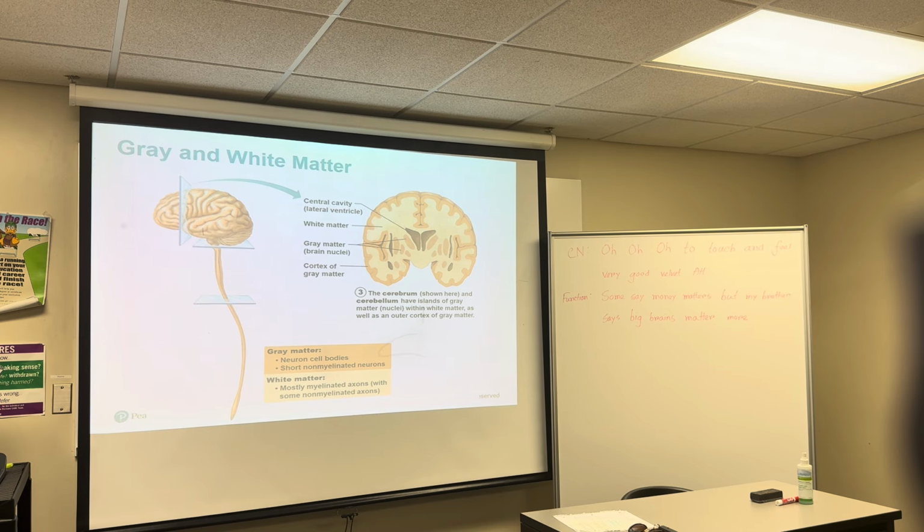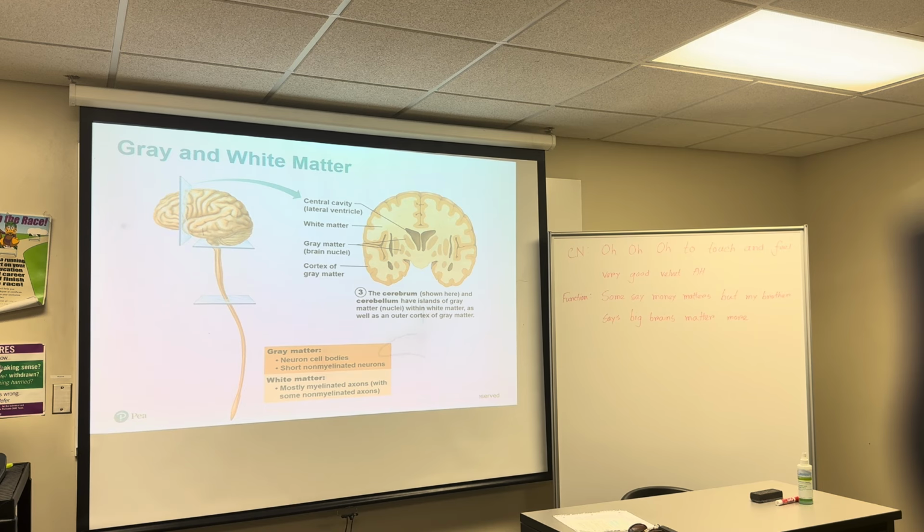So now let's talk about the gray and white matter of our brain. Can anybody tell me, when we say gray matter and white matter, what are the differences in terms of their composition? We talked about it before in the lab. What type of neuron does gray matter have and what type does white matter have?